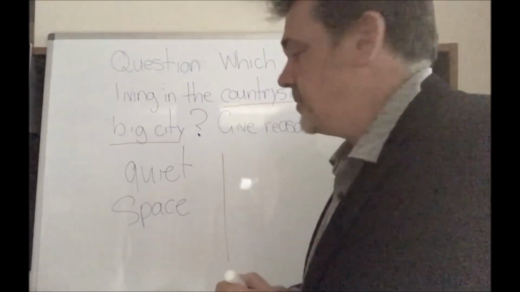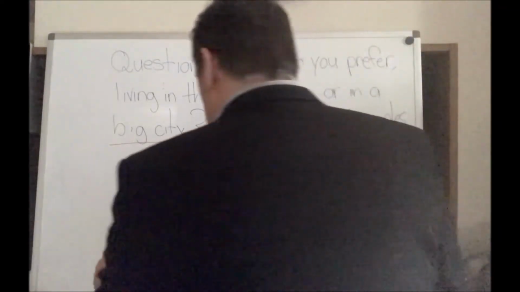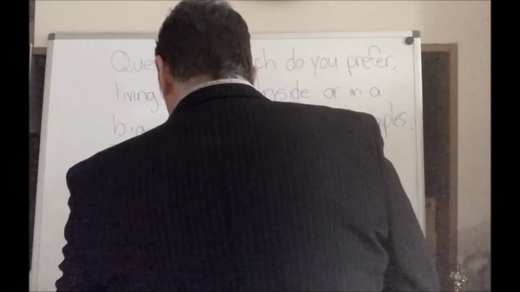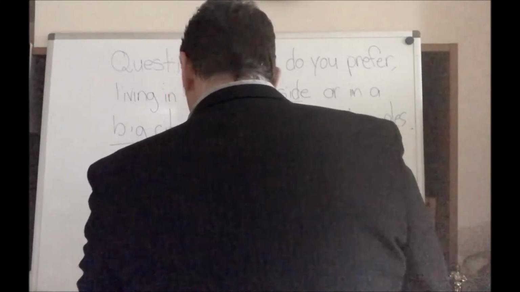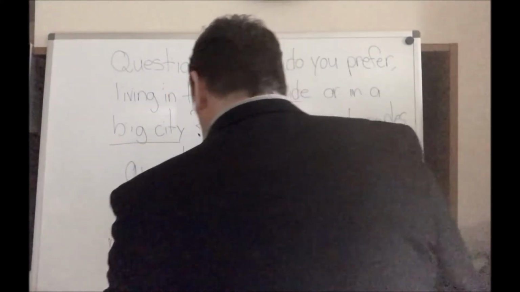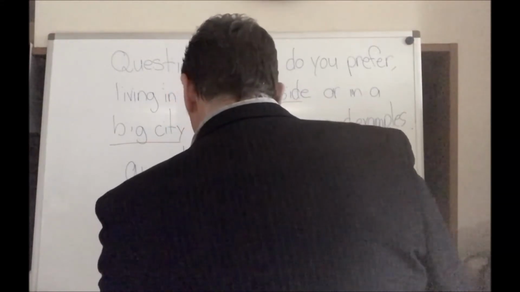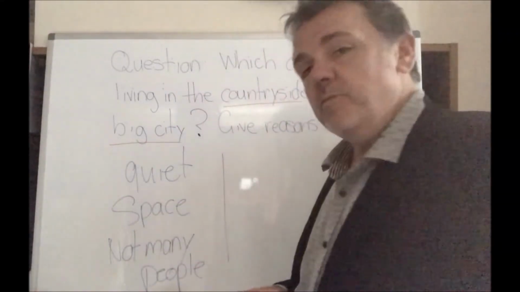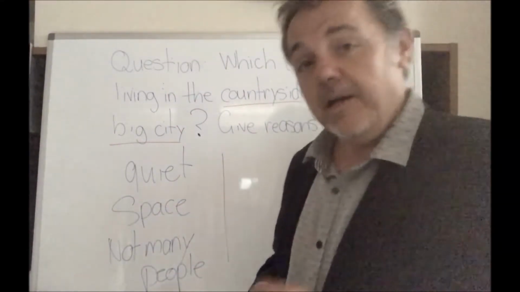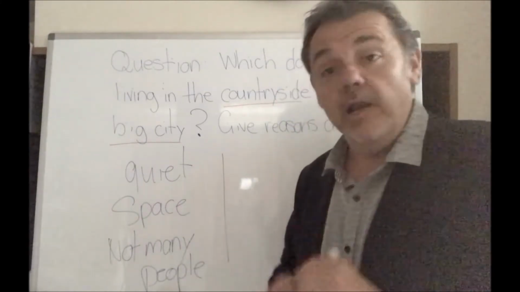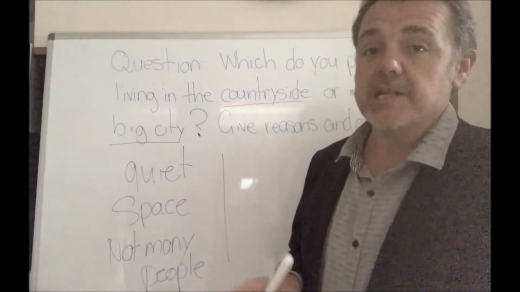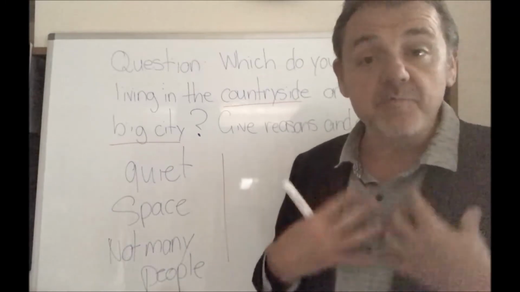Also, another thing is, I'll write this: not many people. Again, I like the quiet, I like having the open space, so of course, naturally, not many people is good. That's for me.